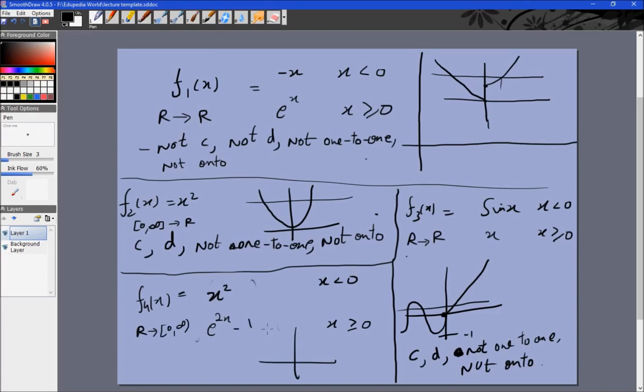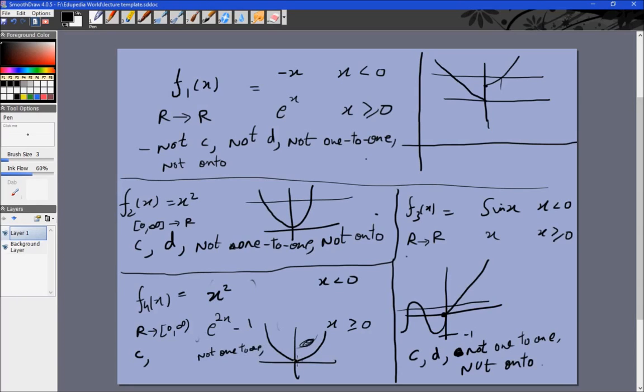So let's draw the curve. This would be x squared, and this would be e to the power 2x. So you take it down a little bit. This is e to the power 2x minus 1. They are definitely continuous. They are not 1 to 1. But they do go from 0 to infinity.